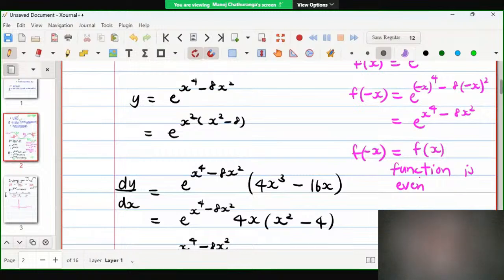The even functions are important because they are symmetric with respect to the y-axis.